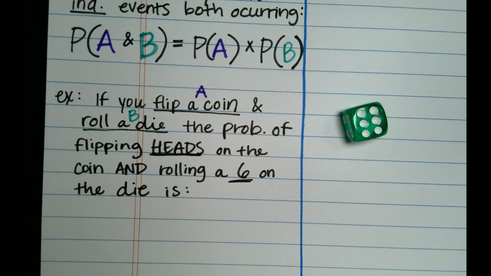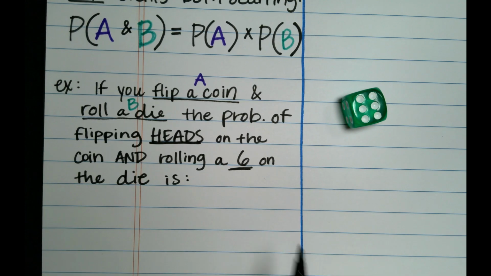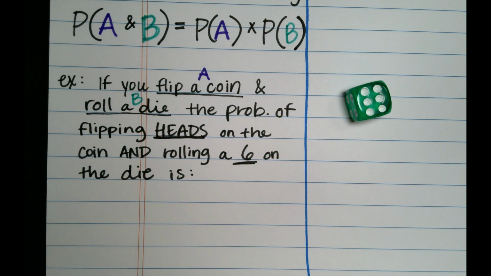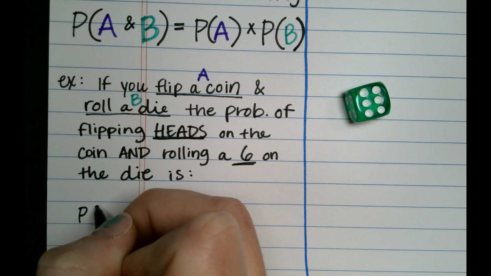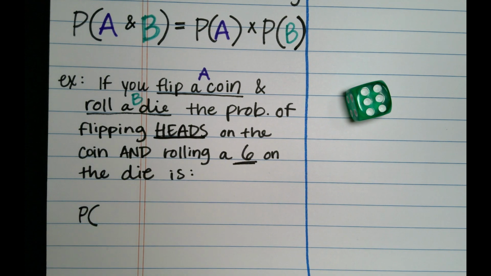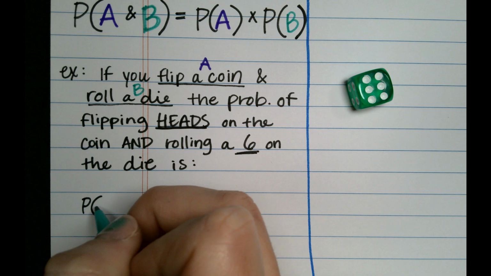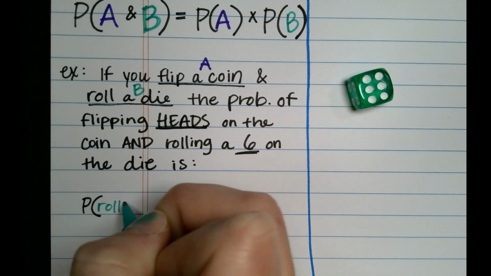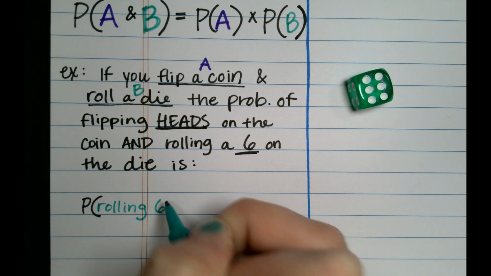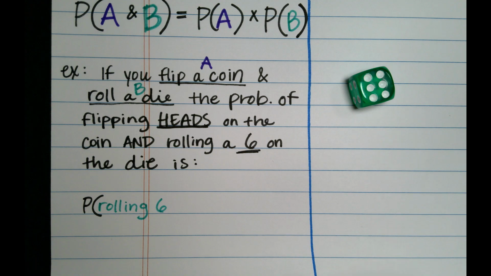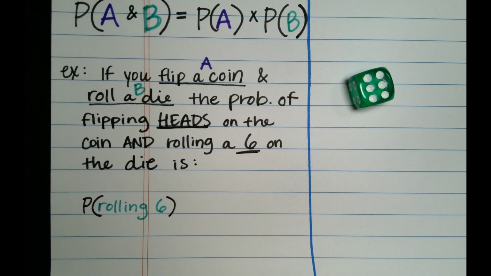How many options are there? 6. There's 6 sides. So rolling a die, we're going to call that the event B. So probability of, I used green for that, I'm going to say rolling a 6. Probability of rolling 6. That's how we write it.